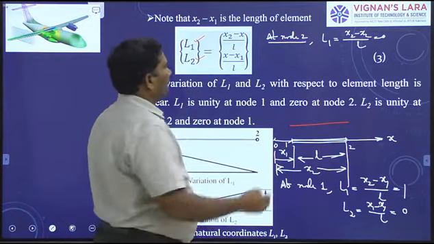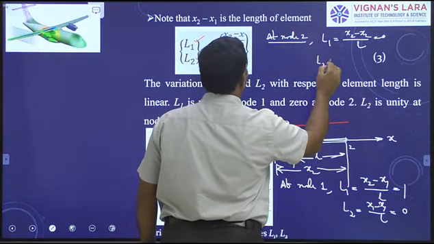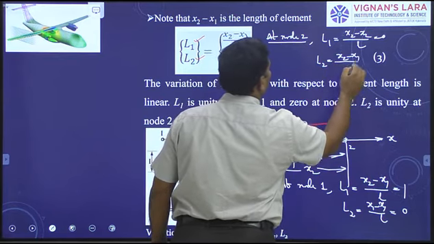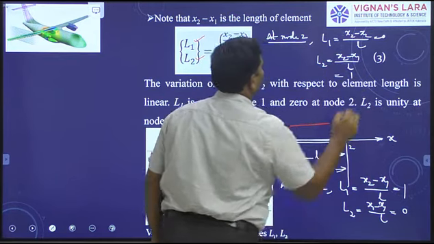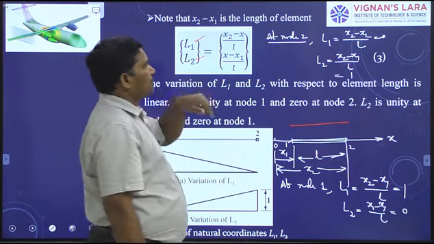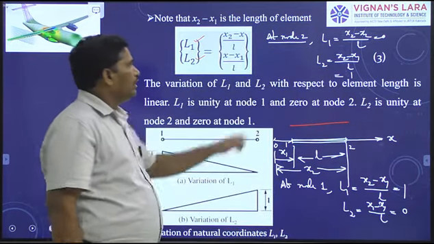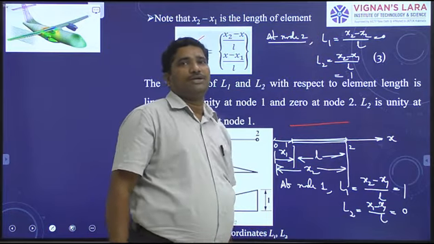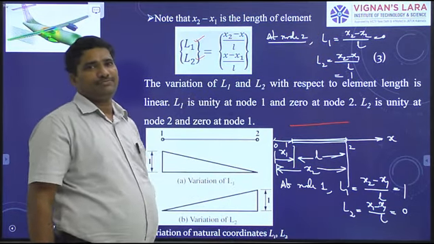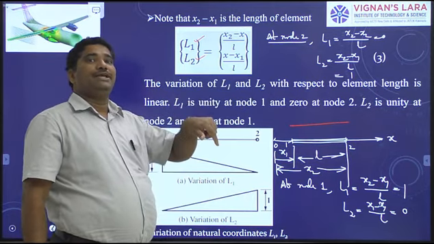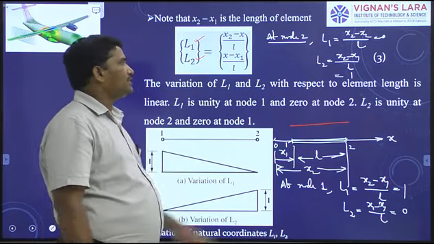At the same node, L2 equals x2 minus x1 divided by L, which is unity. Again at node 2, L1 is 0 and L2 is unity. When you sum up these two natural coordinates, the sum is unity. So from this we can understand that at any point on the element, the sum of the natural coordinates is unity.